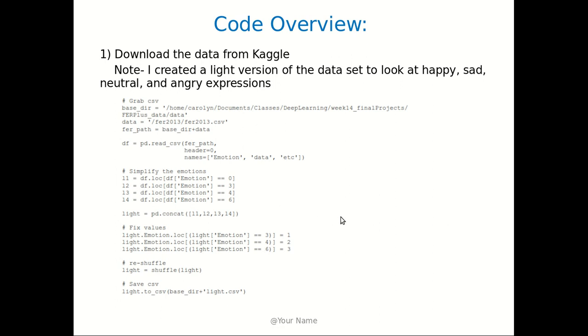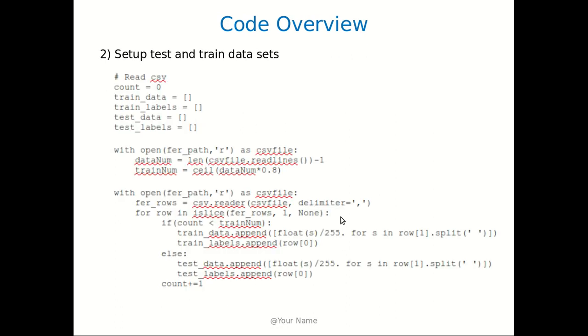Then I re-imported that CSV and set up my data sets. So I created a train data with my train labels and test data with my test labels. And I iterated over every line of the CSV, and I split it up so that 60% of the data was in the train data set and 40% was in the test.